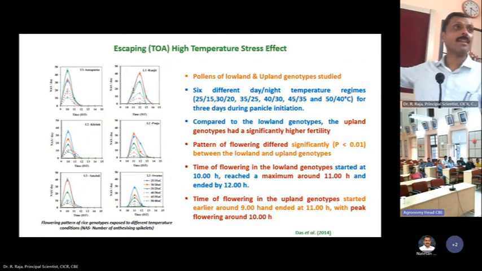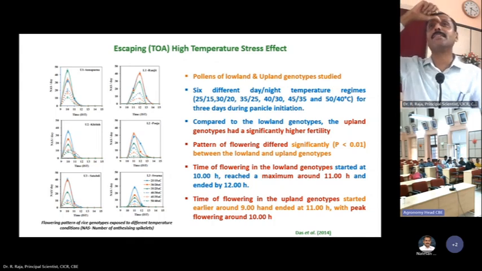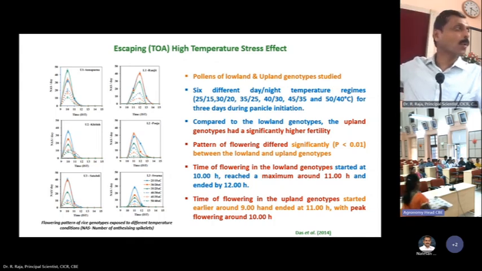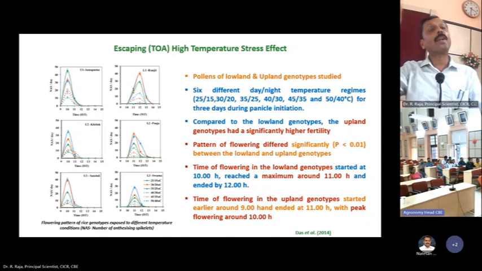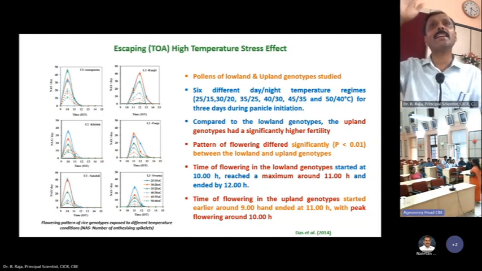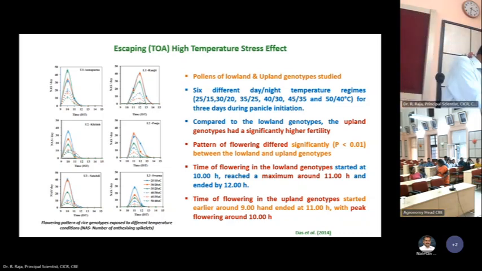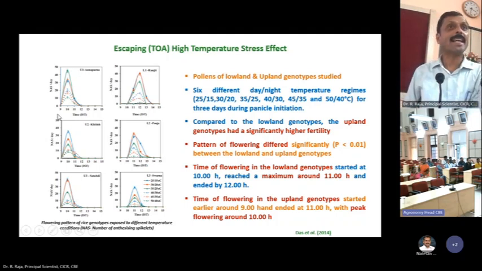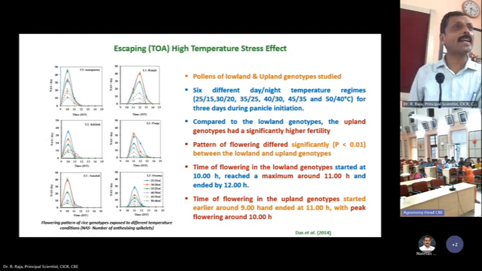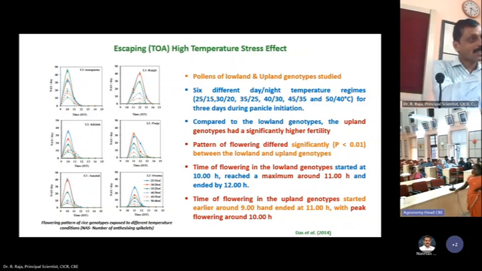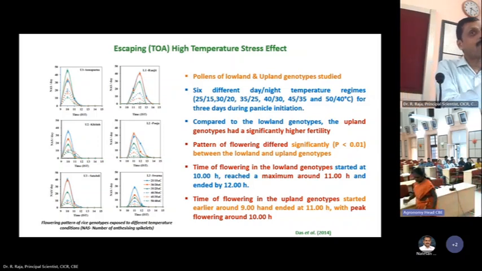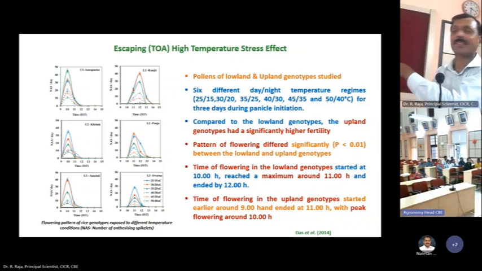Since I worked at CRRI Cuttack, I am putting more on rice. The way they cultivate rice in eastern India, if you come from Tamil Nadu, you will never believe it. For most of the rain-fed cultivars, you see the flowering period in the morning, the anthesis time is 9 to 10 a.m. By that time temperature is only starting to rise, so with a conducive temperature, fertilization happens.